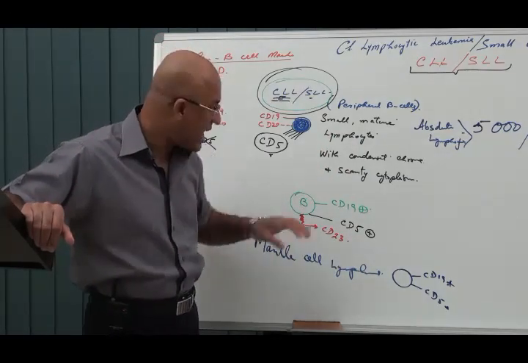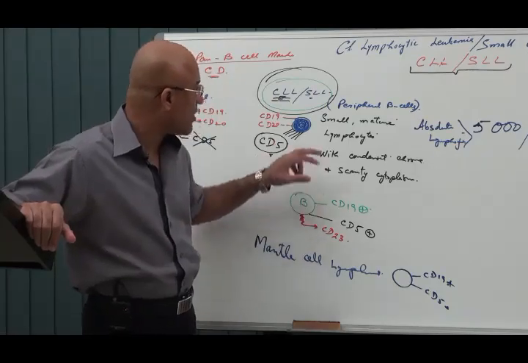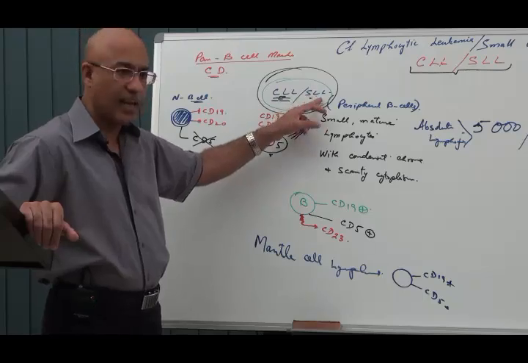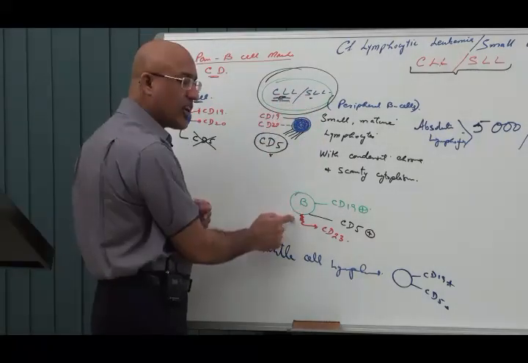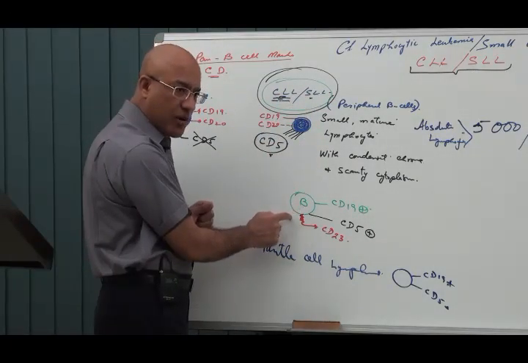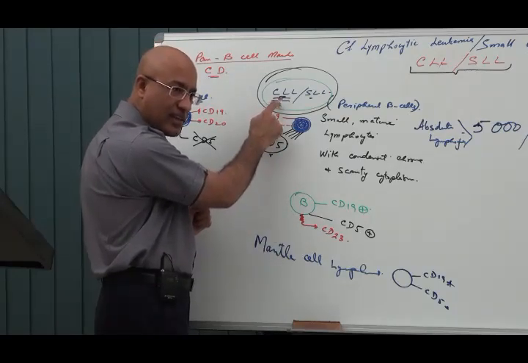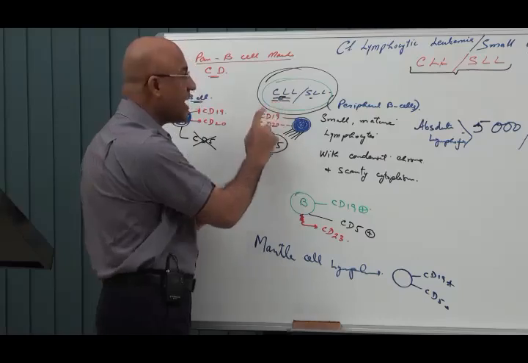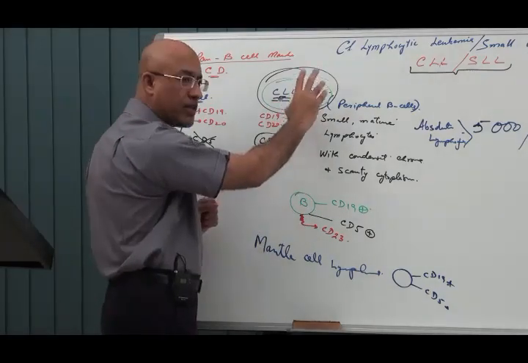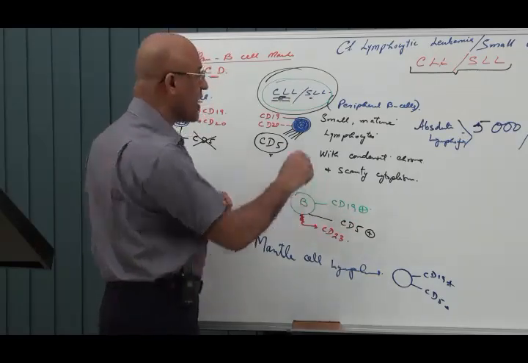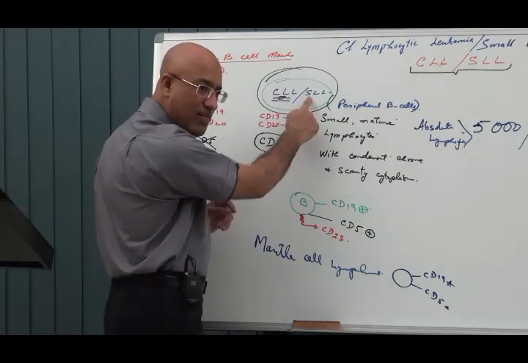Secondly, in both CLL and SLL, such cells are abundantly present in the body. But if they are infiltrating the blood heavily, then it is leukemia. And if they are only in the lymph node or spleen or some other tissue, making a discrete mass without heavy infiltration in the blood, then it is SLL.